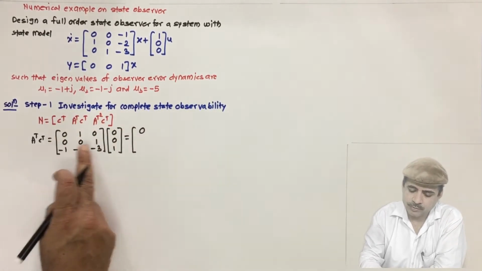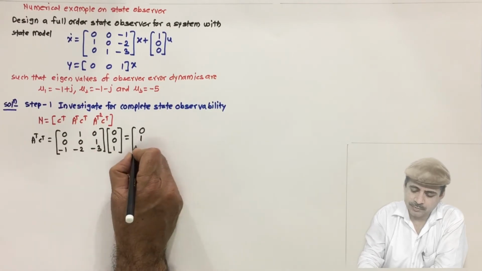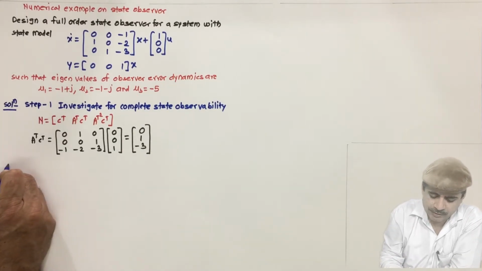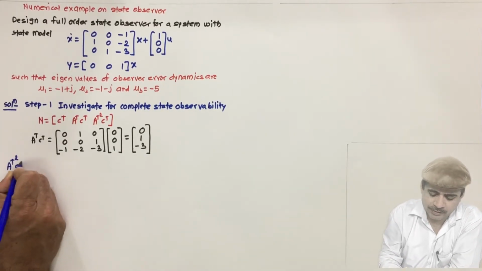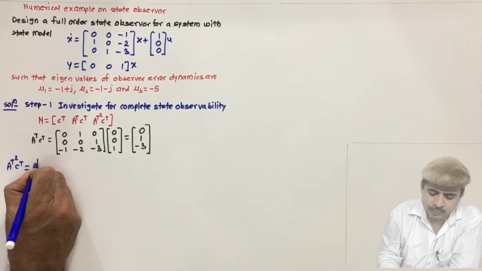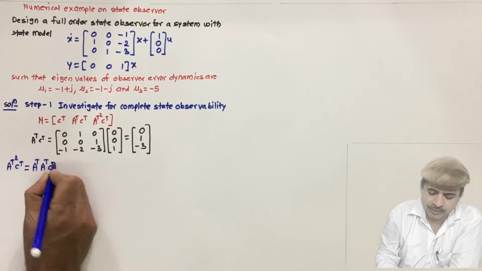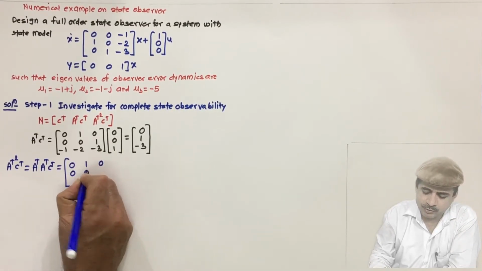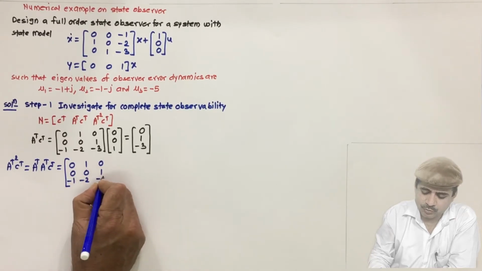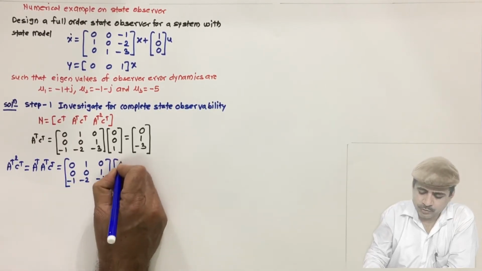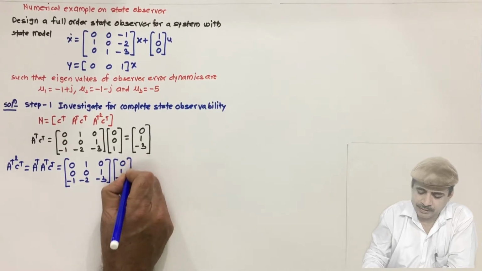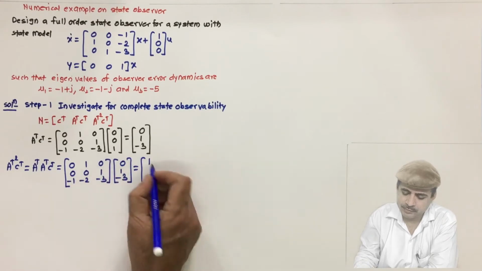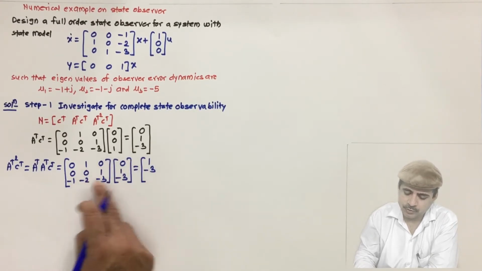This is equal to [0 1 -3]. Now I will calculate A transpose square C transpose. A transpose square C transpose is equal to A transpose into A transpose C transpose. So this is equal to [0 1 0; 0 0 1; -1 -2 -3] into [0 1 -3], and that is equal to 1, -3, and -2 plus 9 is 7.